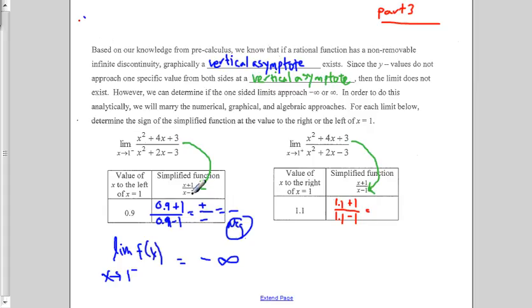After I use the cancellation process, 1 is going to make this undefined, so I know that's what we just talked about here, the non-removable infinite discontinuity, vertical asymptote. So as I approach from the left, I'm going to go to negative infinity.